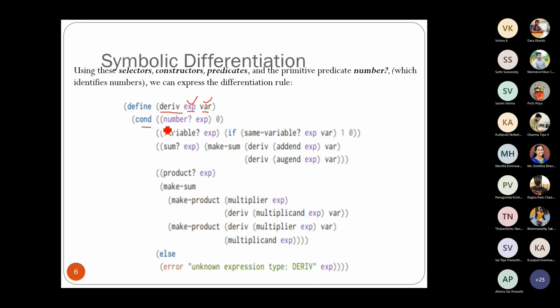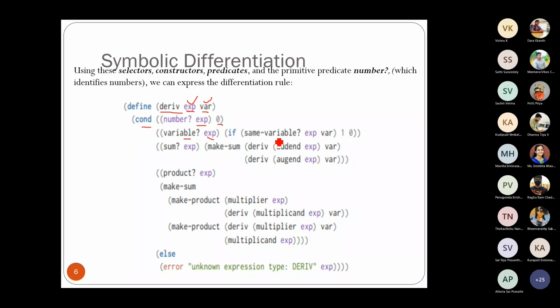Okay, the first case. What is the first case? Take an expression, and this expression is a number. If the expression is a number, then return 0. Yeah, this is the first case. Second case is whether the expression is a variable or not. The expression contains a variable or not.